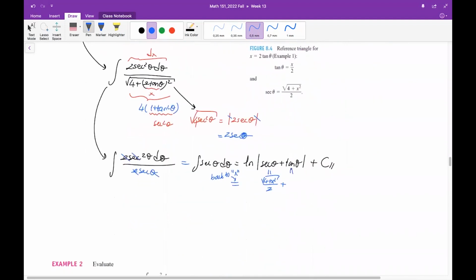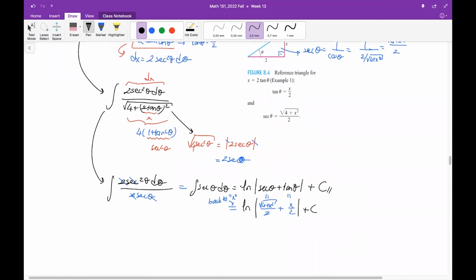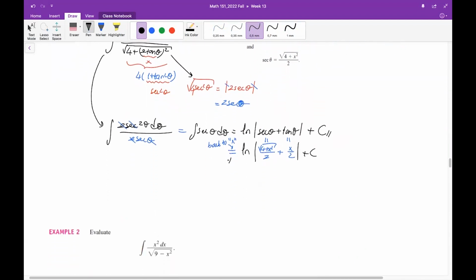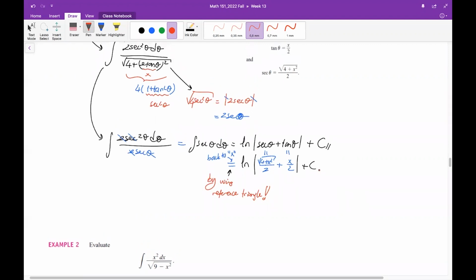It is x over 2, obviously. And that's how you should turn back to your original variable, by using your reference triangle. Okay, so our result is given by this expression, which is in terms of x.